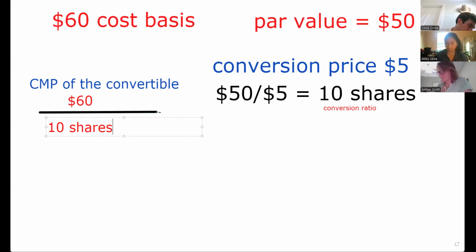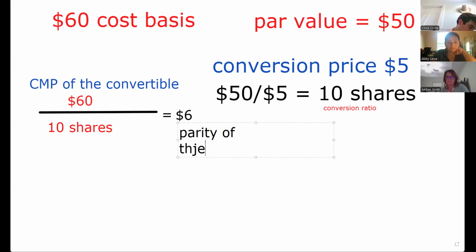And now we have what we call parity. Parity means equal. What we mean by that is that if we pay $60 for this convertible preferred stock and we turn it into 10 shares of the common, we would be paying $6. And that is called parity of the common stock.